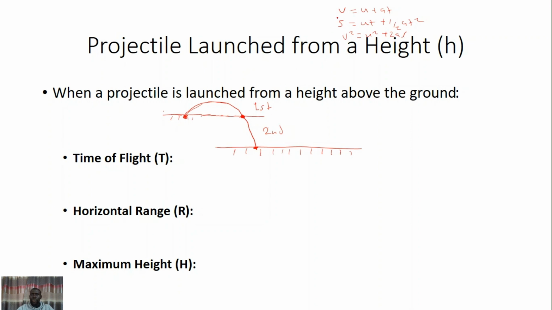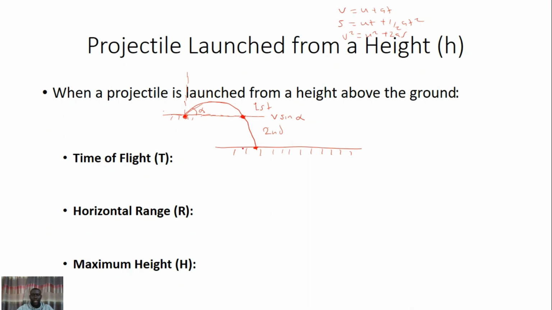So what you just need to know is that at this point, the initial velocity is the same as the initial velocity with which it was thrown from here, along the vertical axis. If this is alpha, the velocity along the vertical axis is v sine alpha. That's the same velocity that it will have when it is coming down like this.